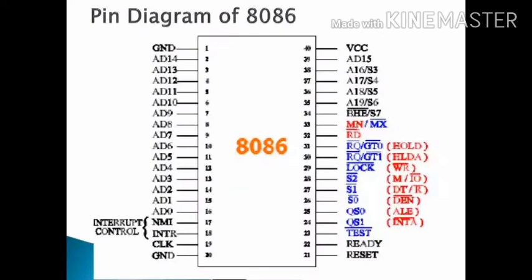If they are without any connection, then logic 1 is set on them, which is termed as an inactive state. So if this pin is set to 1, it means they are in the inactive state and there is no connection.